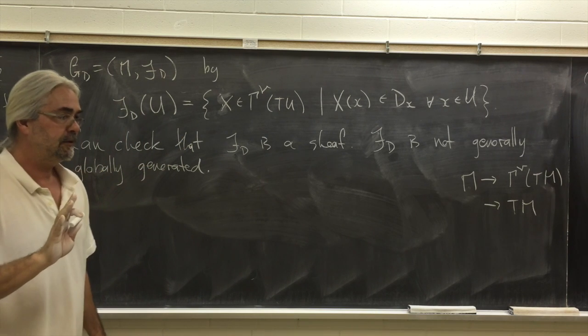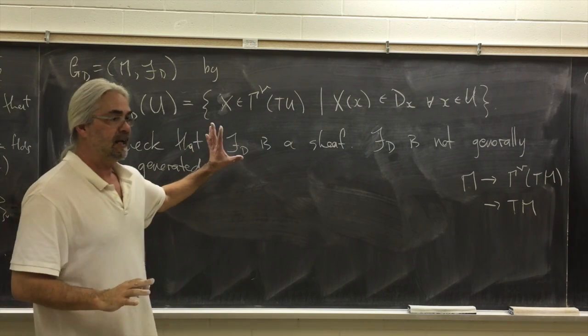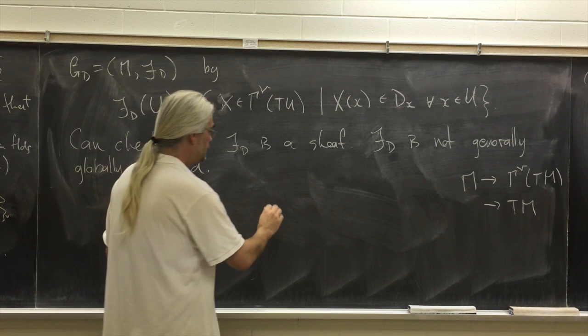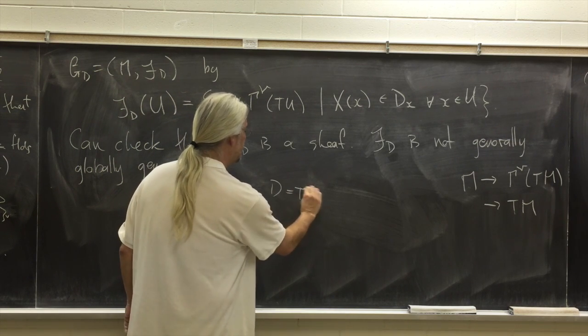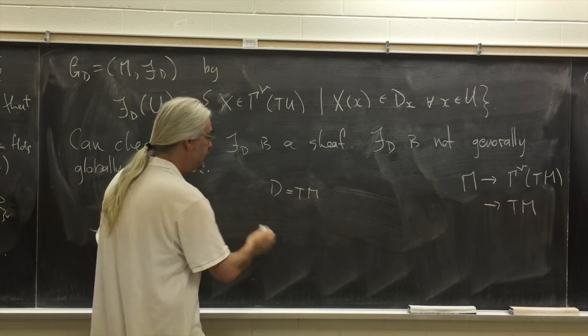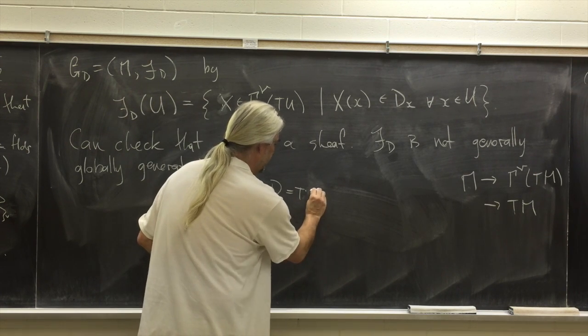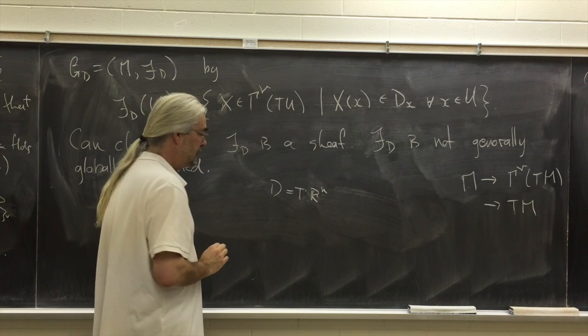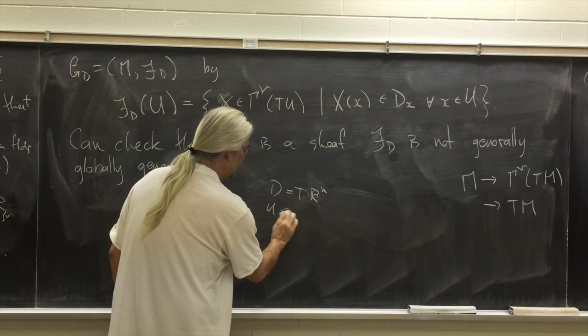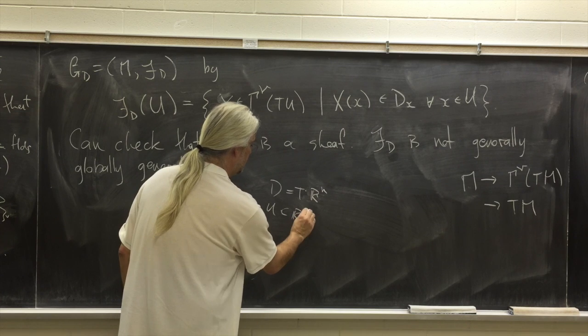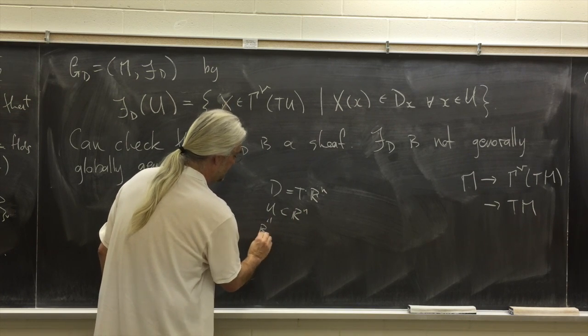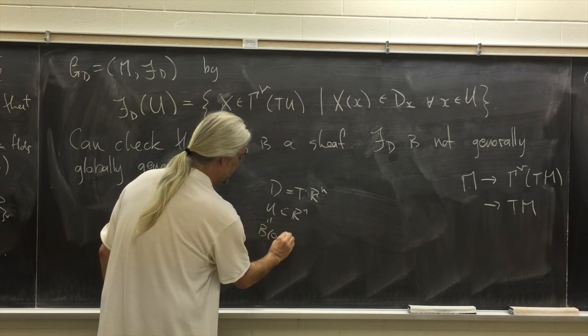So let me tell you just a simple reason why this can't be globally generated. Because if you take, let's say you take D to be TM. And let's make this concrete: let's take U to be the open ball with radius 1 at the origin.